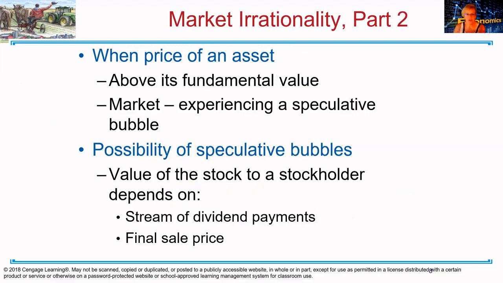We've already talked about asset valuation, okay, above its fundamental value or overvalued, and we might then be looking at a bubble. And a bubble is based upon irrationality. It's the demand and supply of people acting in the market that's driving up the price.